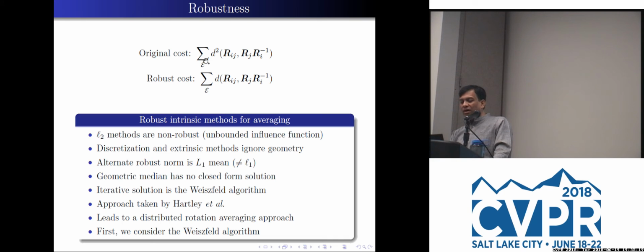The original cost function, if you just consider only 3D rotations, looks like this. It's a least squares solution on the distance between the observations Rij and your estimated values, right? But instead of that, if you minimize the first power of these distances, that is generally known to be more robust.